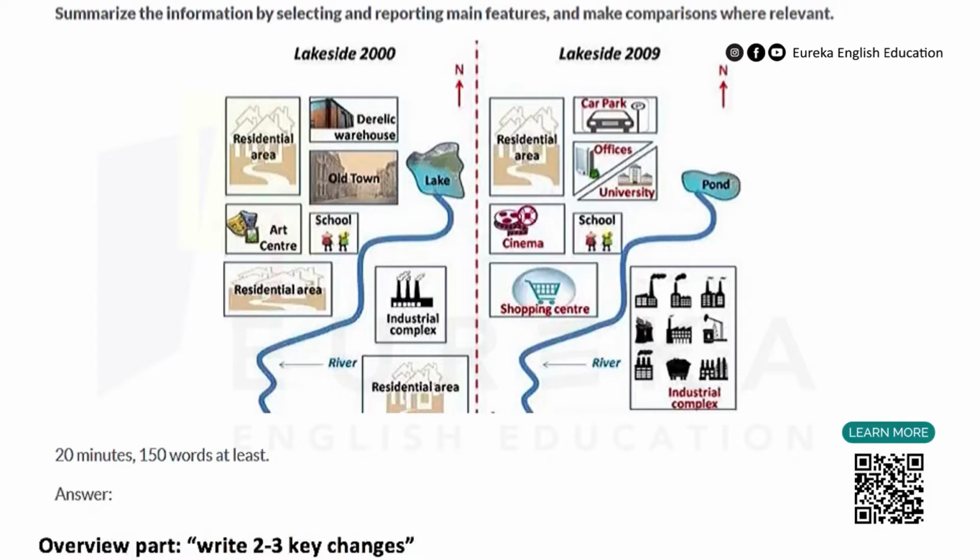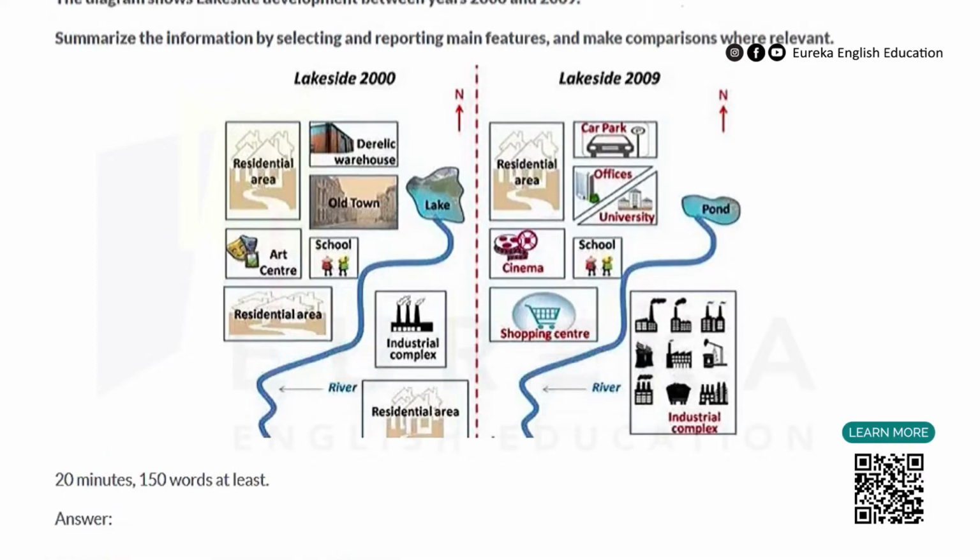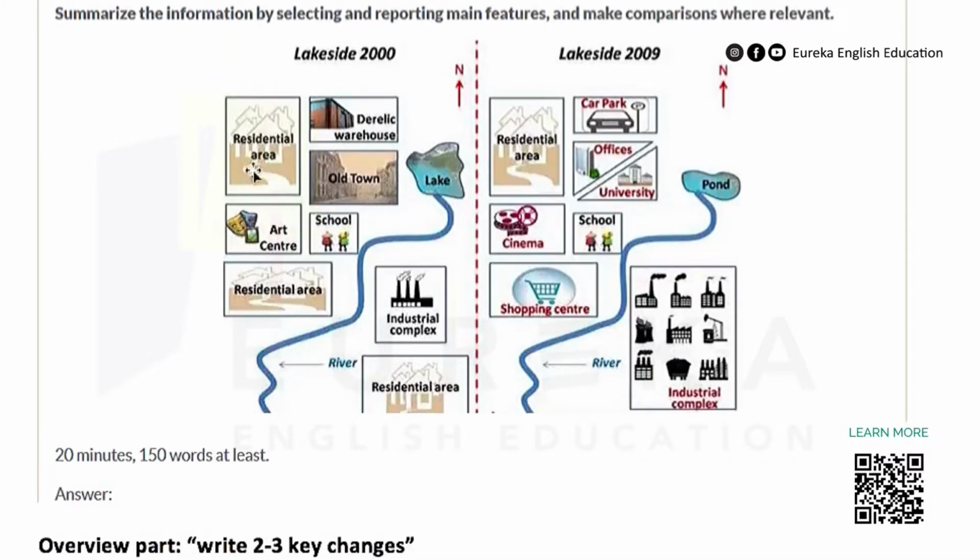So the example of our overview for this question would be: overall, or in general, we start with the number of residential areas.